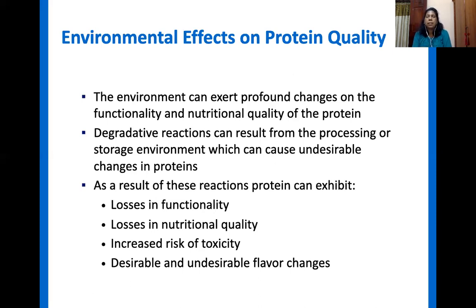Then what's happening here? How can the nutritional quality be changed? Give me your answer. Breaking peptide bonds.